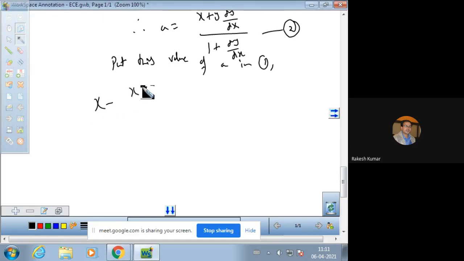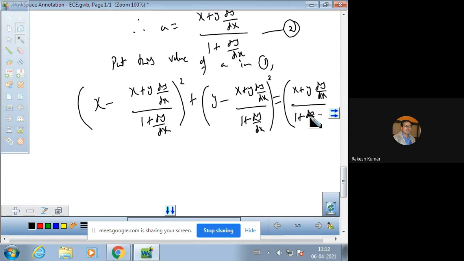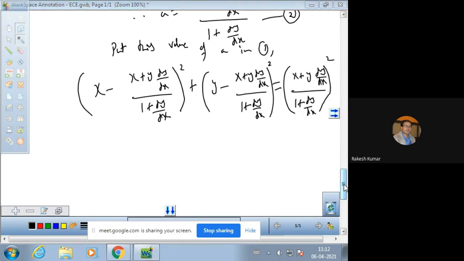So you will have (x minus (x plus y dy by dx) over (1 plus dy by dx)) whole square plus (y minus a, again (x plus y dy by dx) over (1 plus dy by dx)) whole square is equal to a square. a is also there: ((x plus y dy by dx) over (1 plus dy by dx)) whole square.